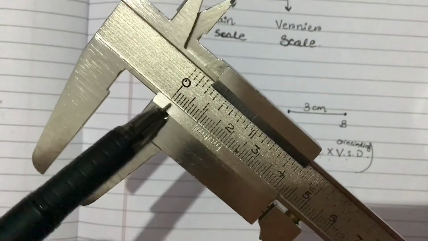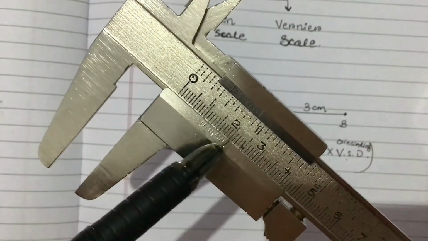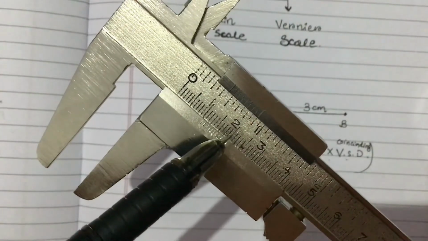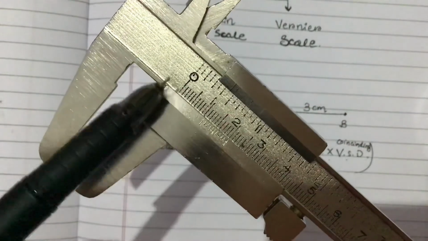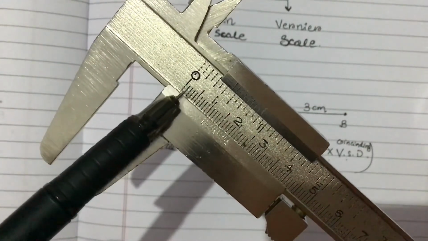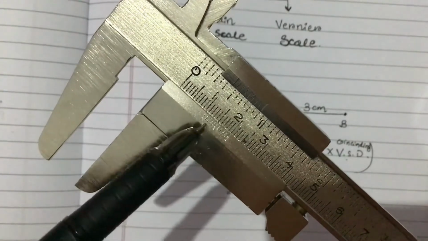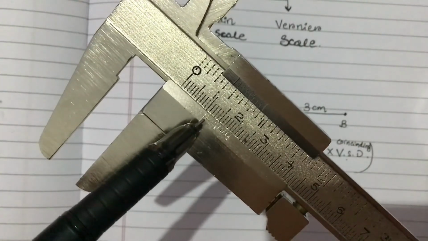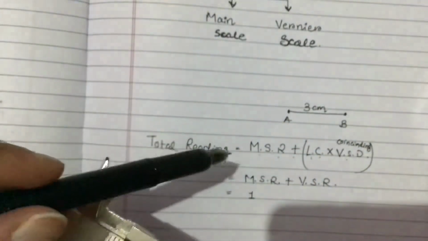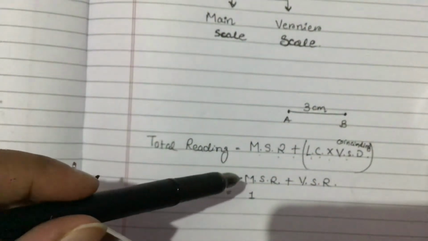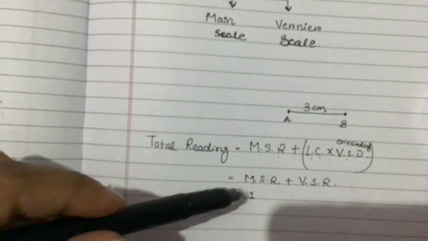Like 0 to 1 it is 1 centimeter, 1 to 2 is another 1 centimeter, 2 to 3 again 1 centimeter, but the distance between two small divisions is in millimeter. Similarly, the distance between two Vernier scale divisions is already in millimeter. Coming back to the point, our main scale reading for the diameter of a pen cap is already 1 centimeter.